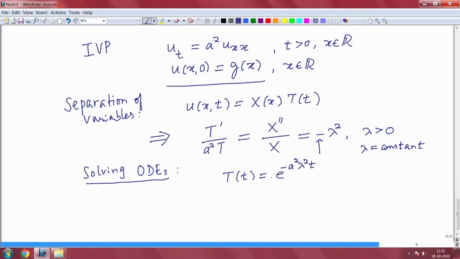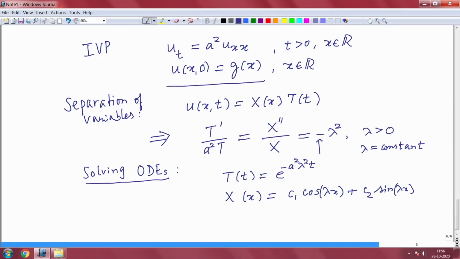We can always put a constant there, but we are going to put the constant with X, and since they appear as a product, that constant is absorbed there. And X(x) I will put some constant times cosine of lambda x plus another constant times sine lambda x, that is solving the second order equation for capital X.